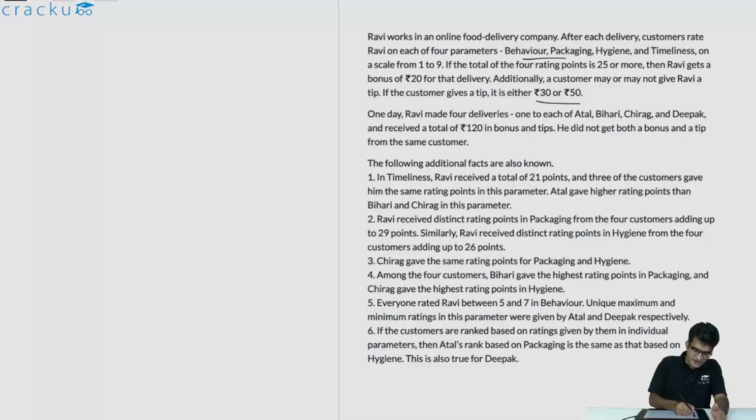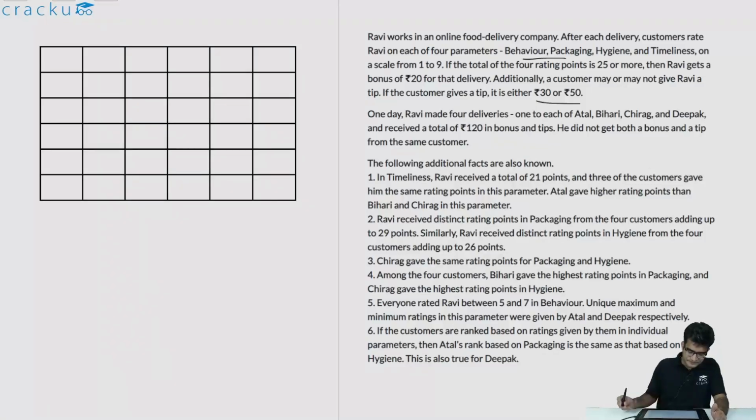So let us actually draw a table. The table is going to have 4 rows and 4 columns. It will look something like this. This will be Atal. This is Bihari. This is Chirag.